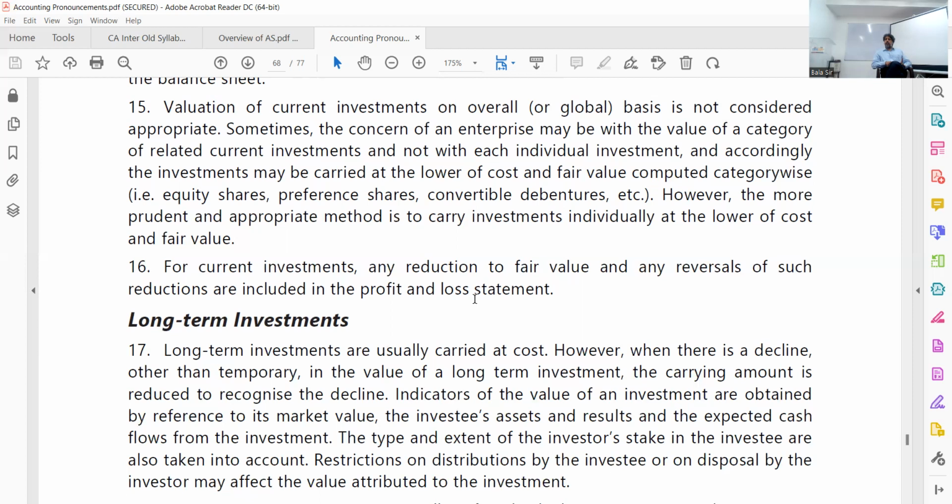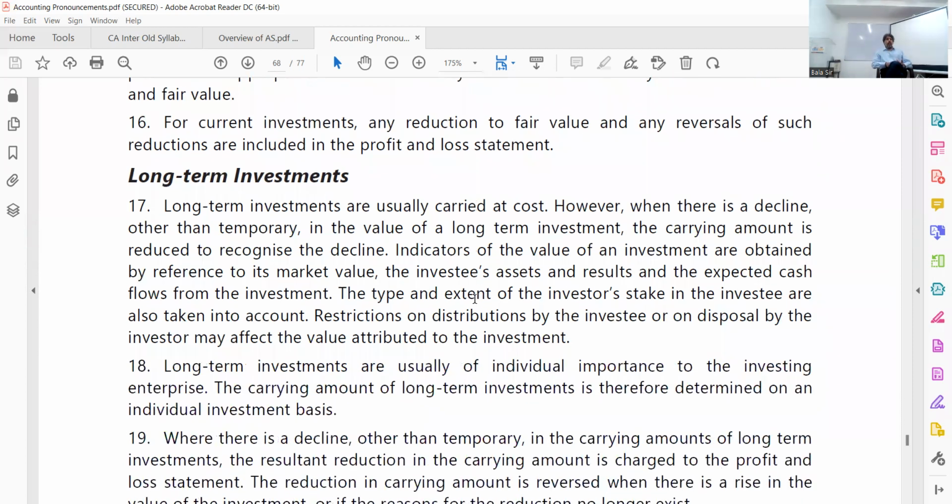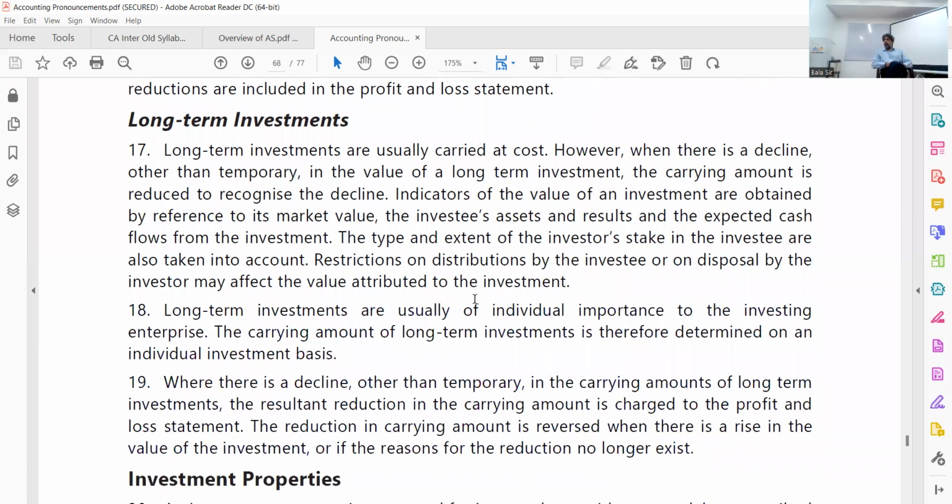So basically, it talks about what are the other factors you consider before you decide whether the decline is other than temporary. Is that fine? Para 19.